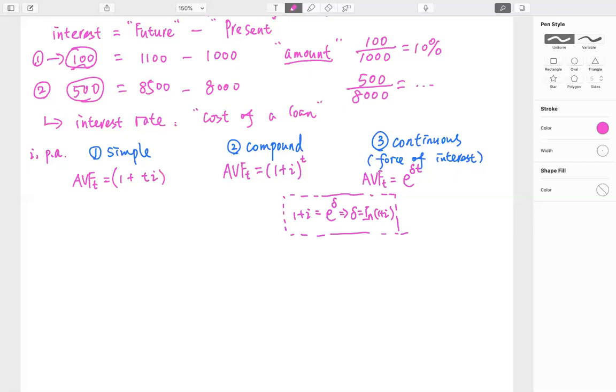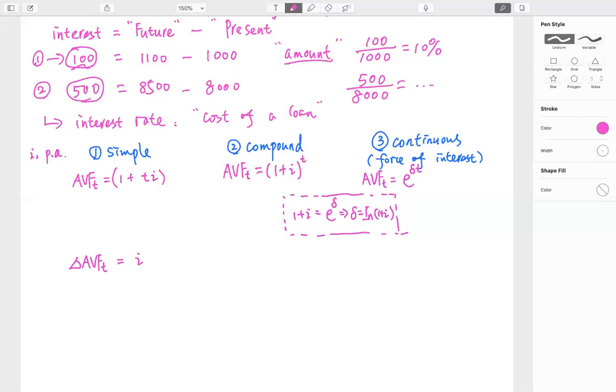What is the most important feature under each of those interest rate forms? When we have simple interest, the amount that grows over any year is fixed.